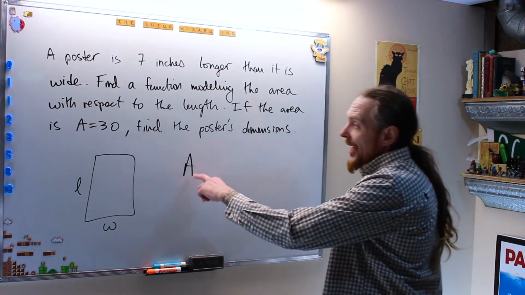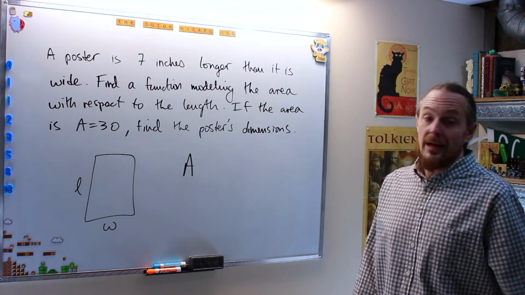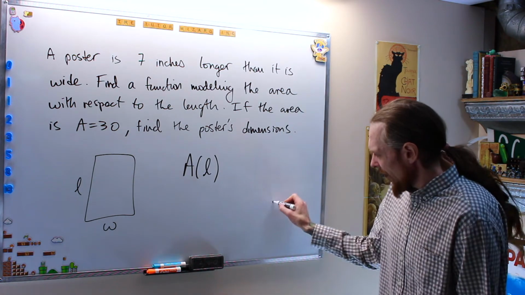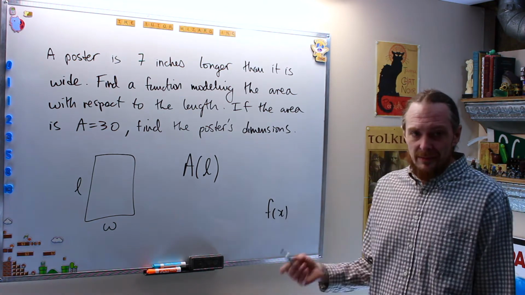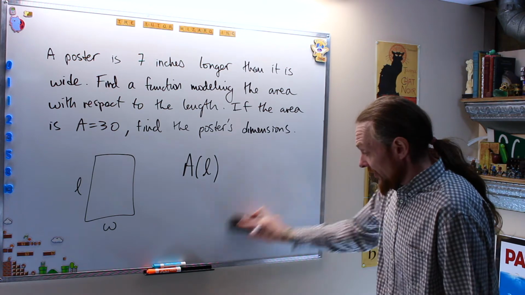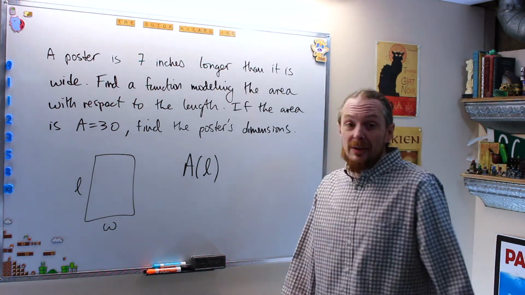I want to model the area, it says, as a function of the length. So how am I going to create that? So what I want is an area of the length, and usually we write f of x when you first start seeing functions, but this is the whole point. What we're going to do is model one thing in terms of another thing, and then you can change the dimensions, and then the area changes also. So how are we going to do that?